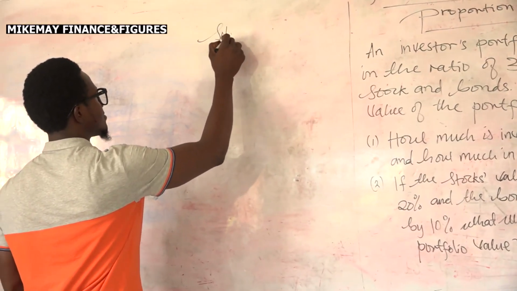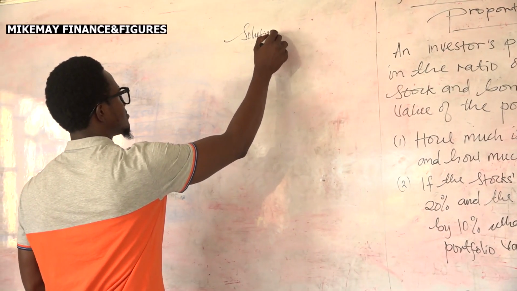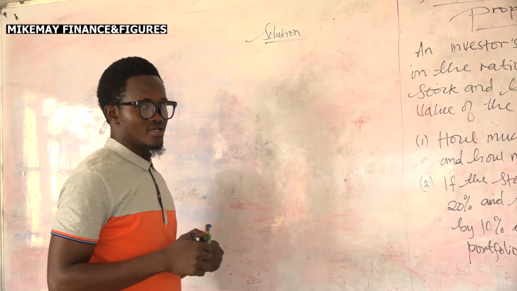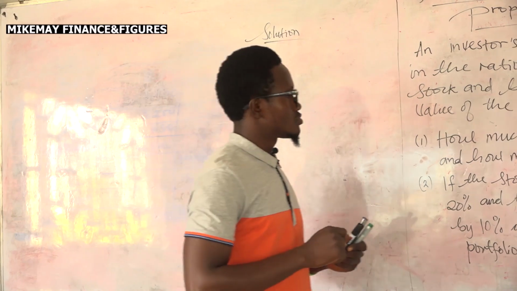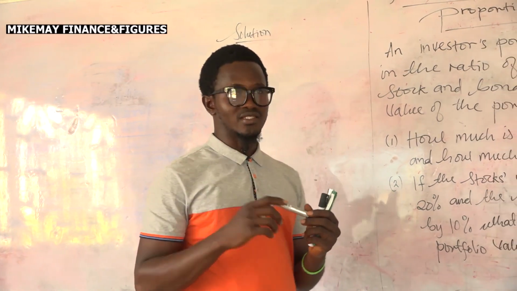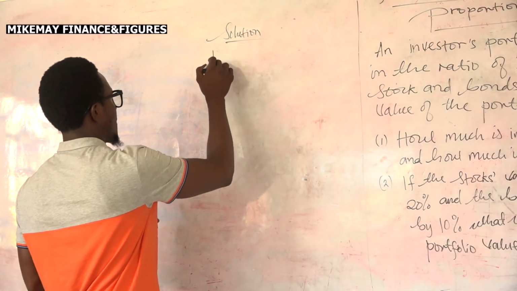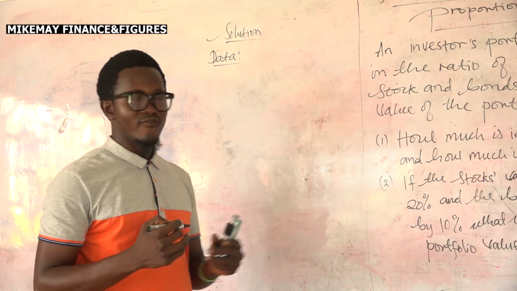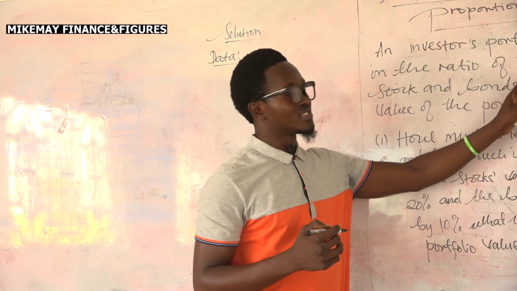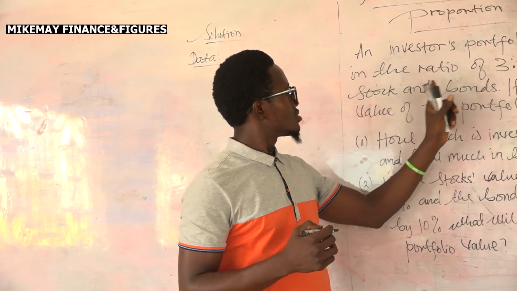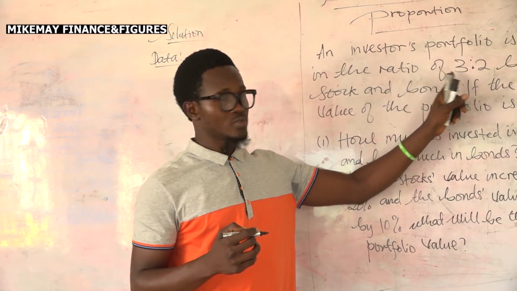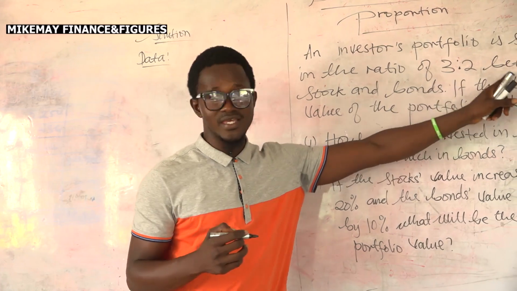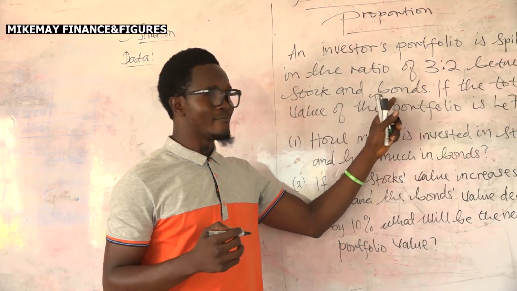Solution. I want you to collect data. Let's collect data, okay? From the question here, we can see the ratio is 3:2, and it's between stock and bonds.